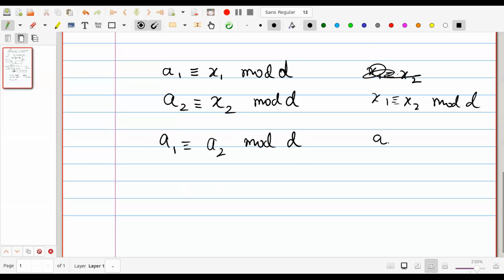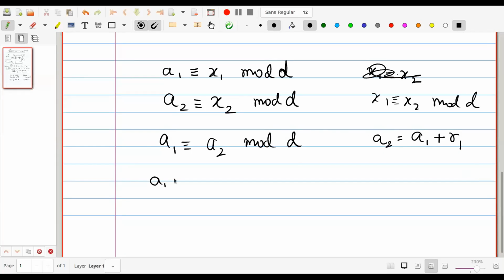Also, another thing: we have A of 2. As I told, without loss of generality, we can have A1 as the minimum number. So I have A of 2 as A of 1 plus R1. This makes sense, right?